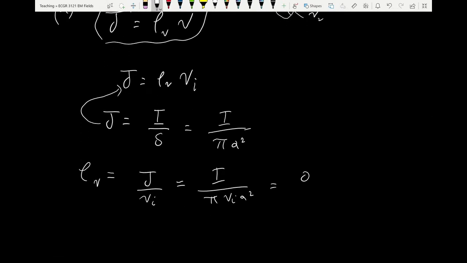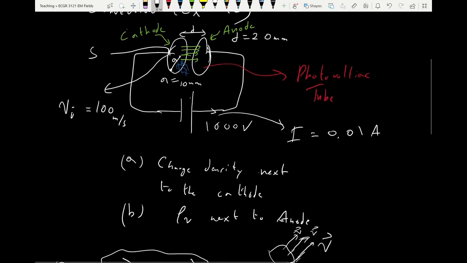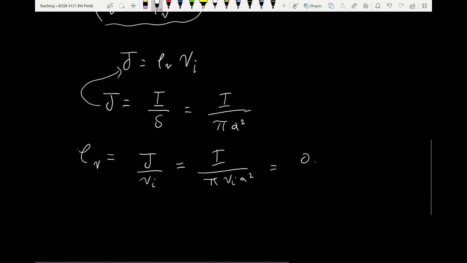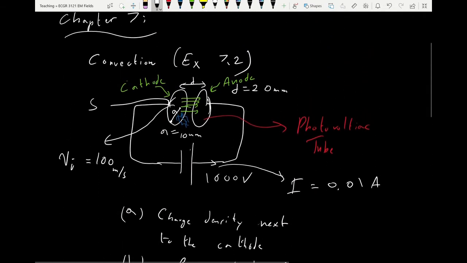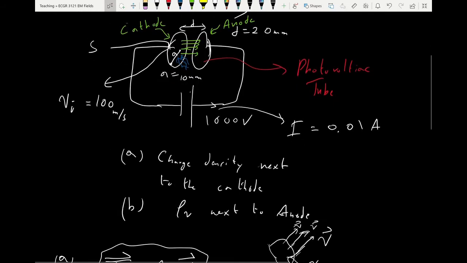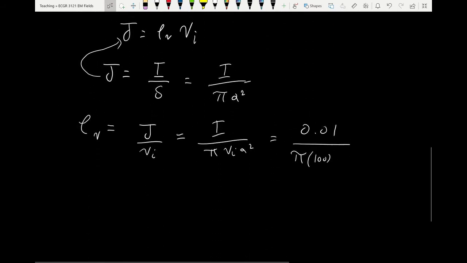We have I being 0.01. We know what pi is. We know that vi is 100 meters per second, and we know that a is 10 millimeters, right?